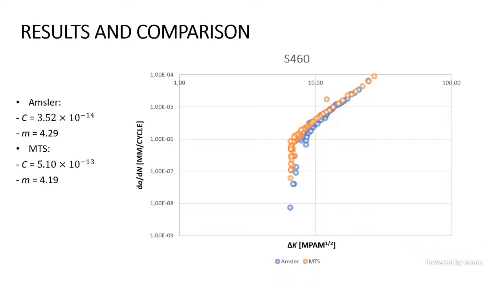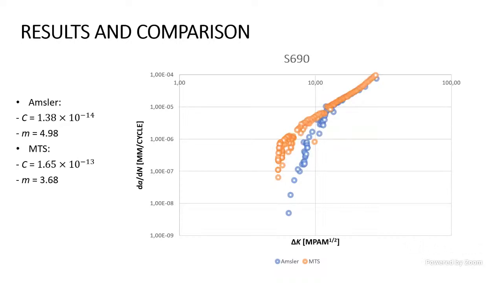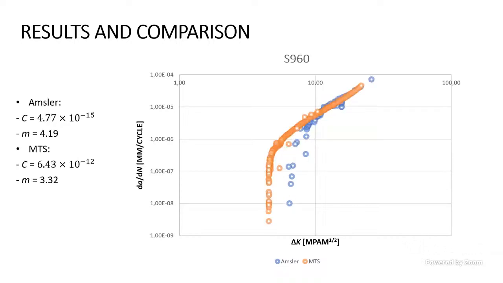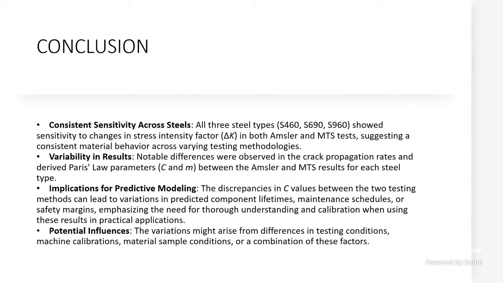The Amsler usually tends to have a steeper slope, while the MTS tends to start earlier, so always on the left. We can see it clearer here in the S690, and again it will be the same with the S960. To summarize, both machines were consistent across all types of steels. It always follows the same pattern.